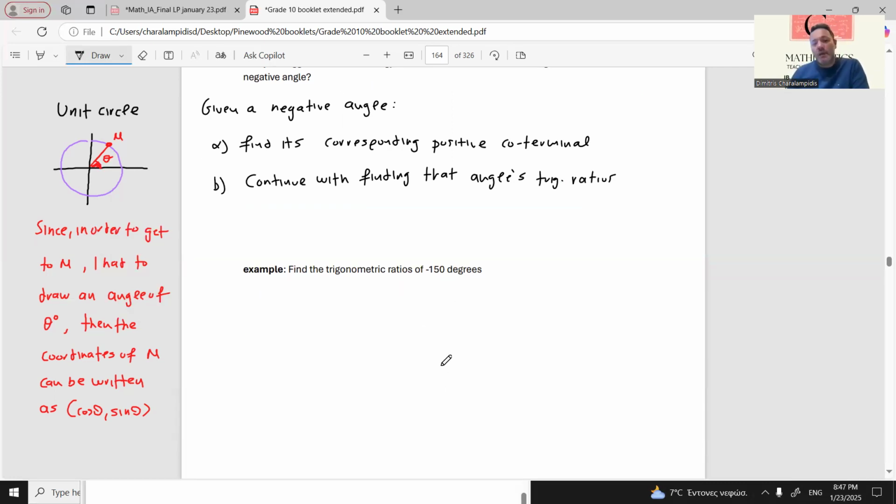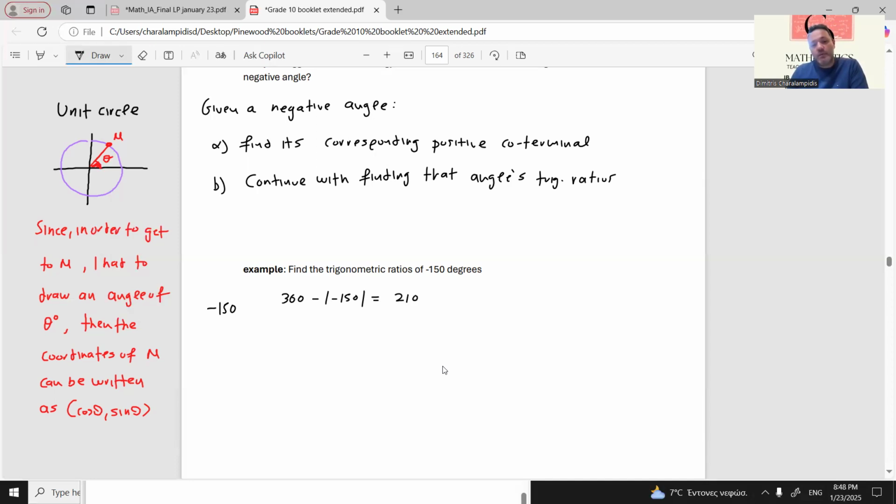Find the trigonometric ratios of minus 150 degrees. So negative 150 is obviously a negative angle. We should find the positive corresponding coterminal one. How exactly should I do that? I should take the absolute value of minus 150, which is 150, and take it out from 360.